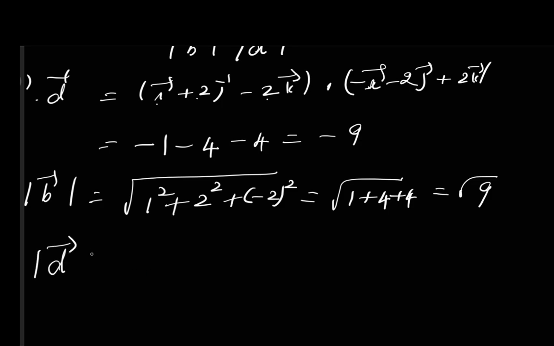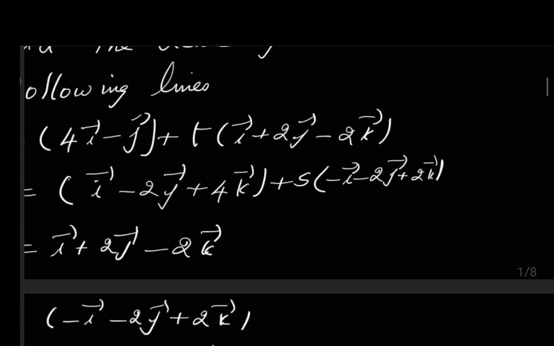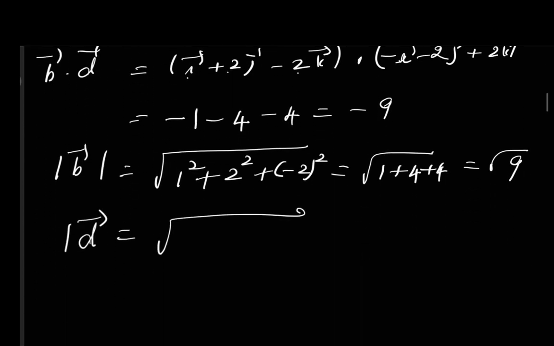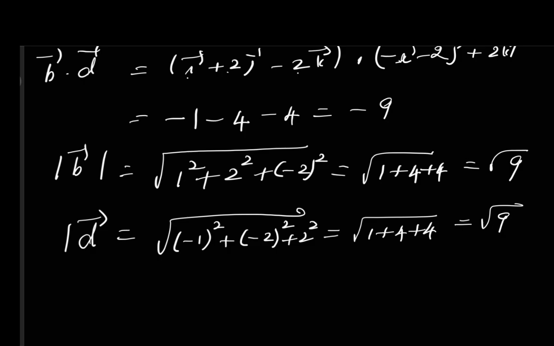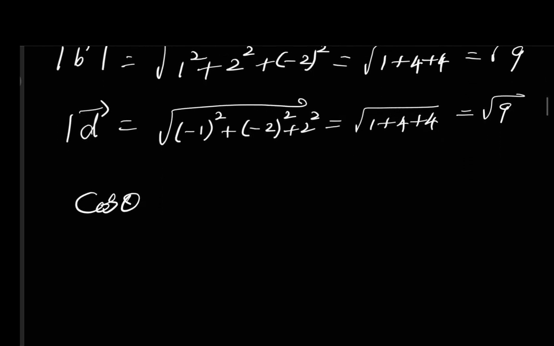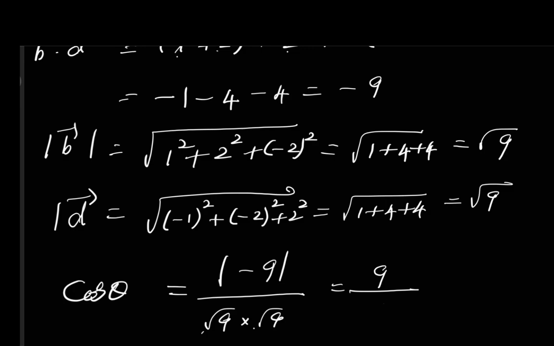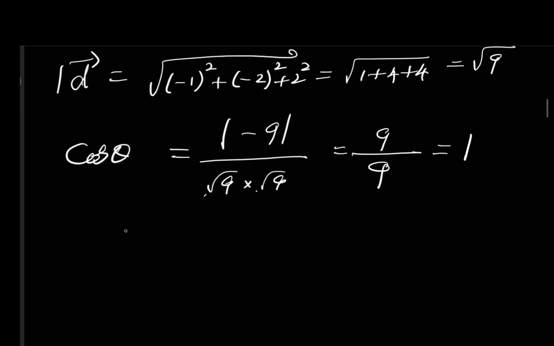Then modulus of d, again the squares of the direction ratios of the second line: minus 1 square, minus 2 square, 2 square, 1 plus 4 plus 4, the square root of 9. Substituting in the formula, cos theta equals modulus of b dot d, which is 9, divided by root 9 times root 9, which is 9. So cos theta is 1.